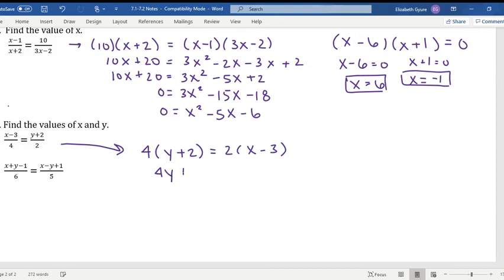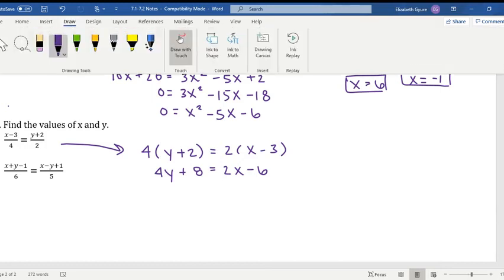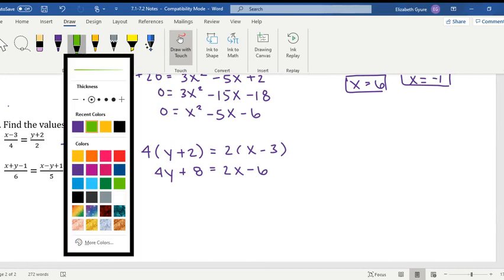You got 4y plus 8 equals 2x minus 6. I'm going to leave that like that for right now until we see what the other equation looks like, and then we can decide if we want to go the substitution or elimination route. Do I have you guys so far for this one? Okay.